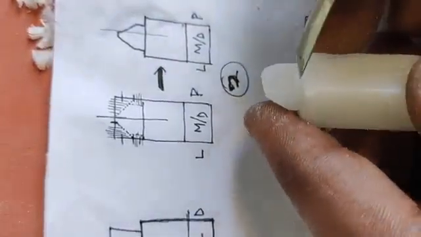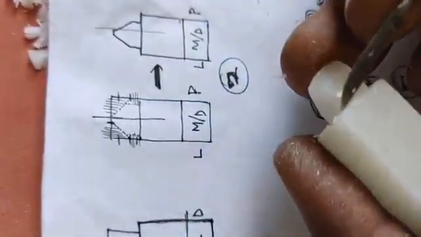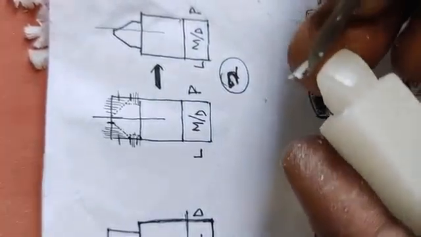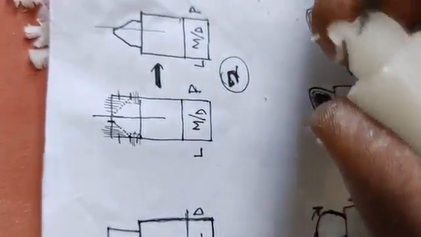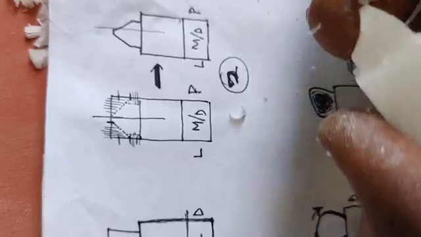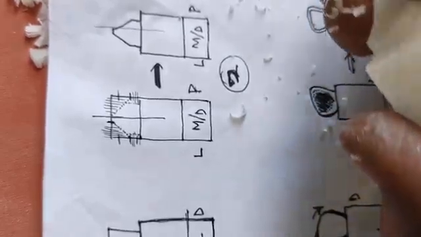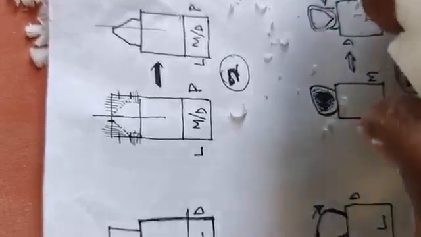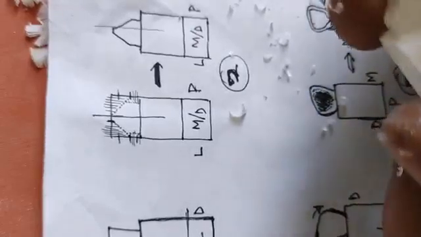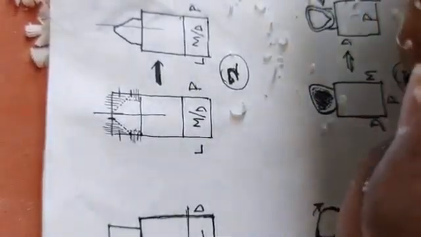To round off, I'm just scraping along that sharp line. Twist your carving instrument while you are rounding off so that you can scrape it uniformly and make it convex.